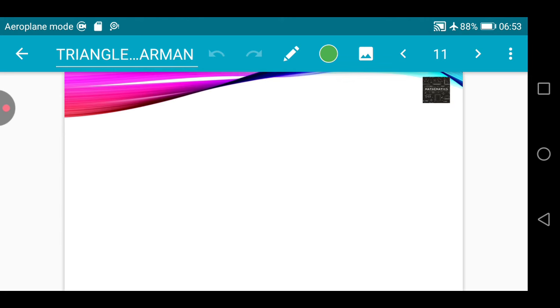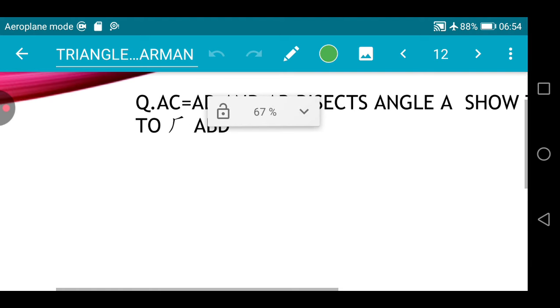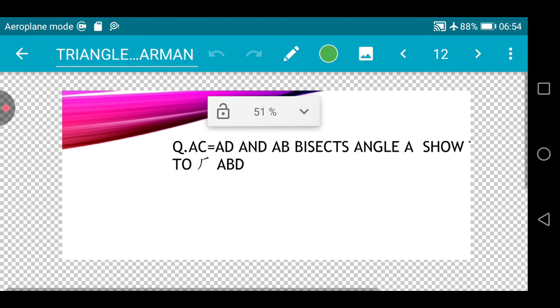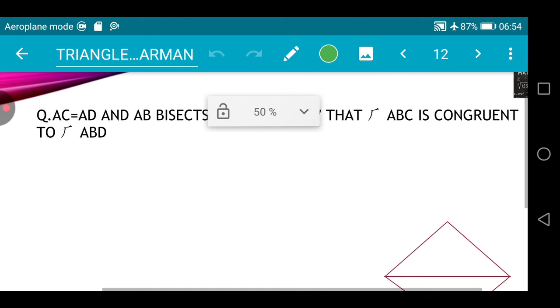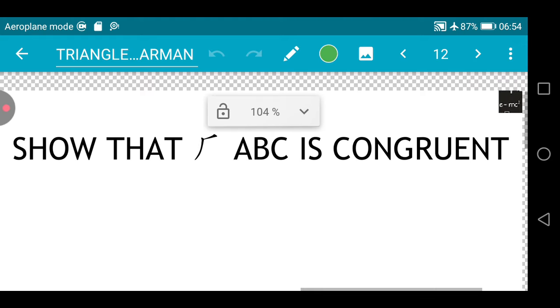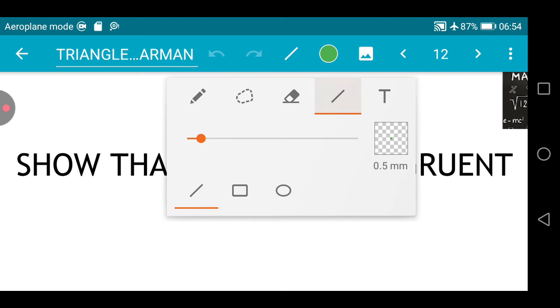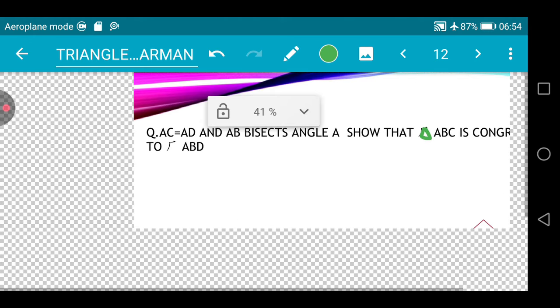Let's see, we have the next question. In the next question we have AC equal to AD. What is here? AC equal to AD and AB bisects angle A. This is the triangle sign.